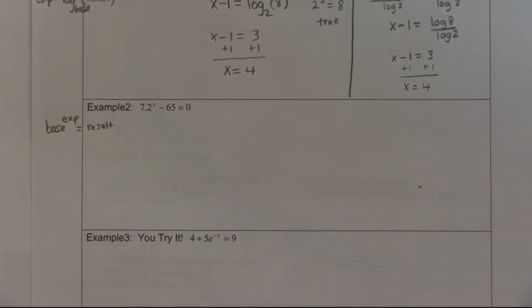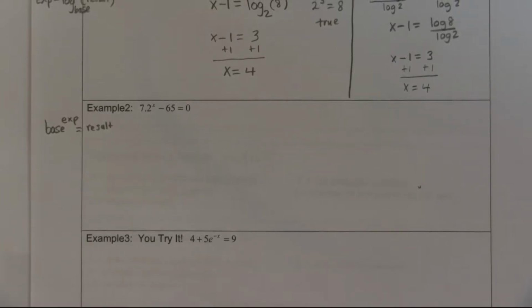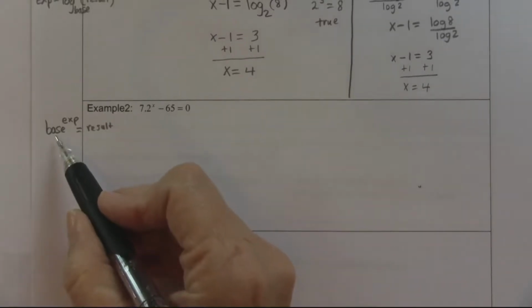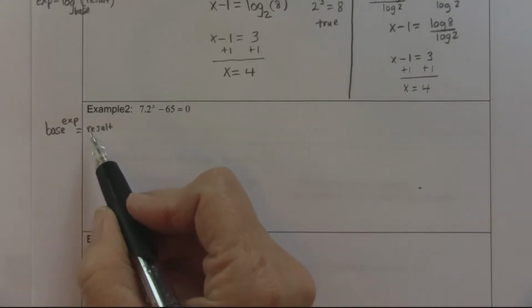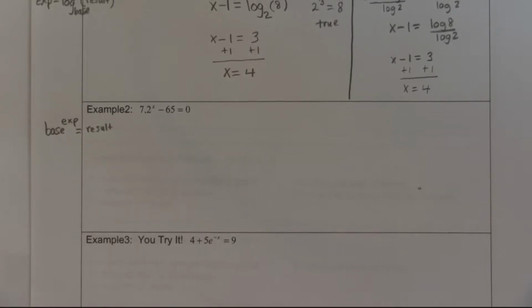So I want to get it in the form, and once I get it in the form, then I'm going to solve it. So that's my strategy. What would I need to do to get it in this form? The base, the exponent, there's 3 pieces. And I'm hoping that you're saying add 65.